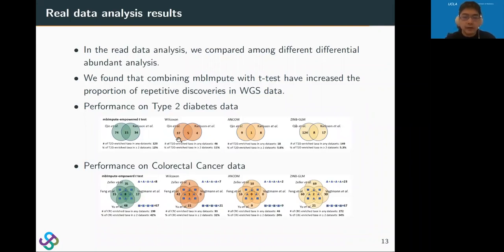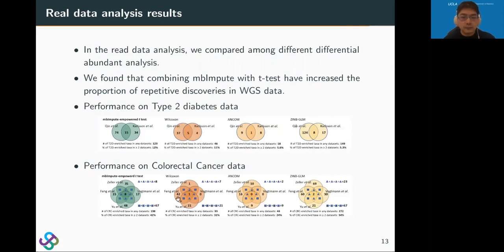Here we are comparing with the Wilcoxon test, which has been commonly used in the data generation papers, and ANCOM, which is especially designed for microbiome differential abundance analysis. We also compare with ZIMP-GLM, which claims to deal with the zero inflation in count data. You can see that with our mbImpute method, we find a larger overlap between different data sets.